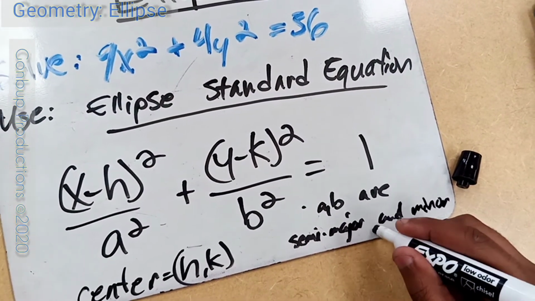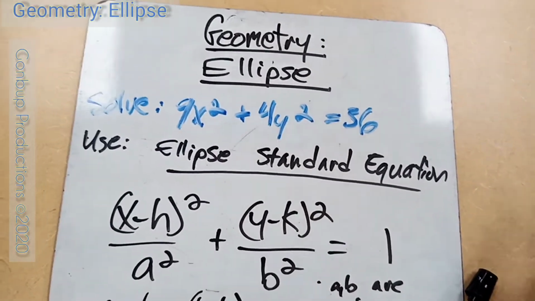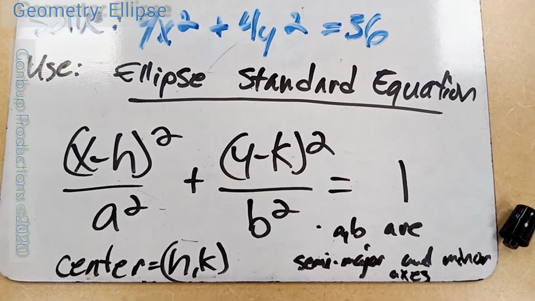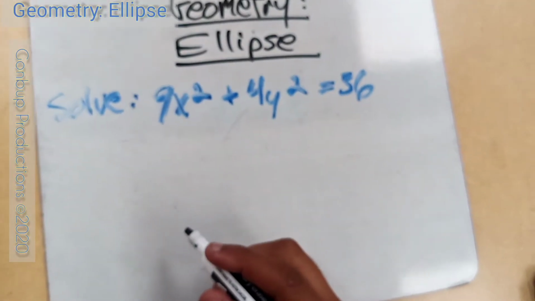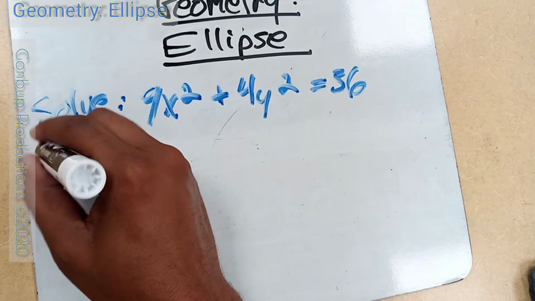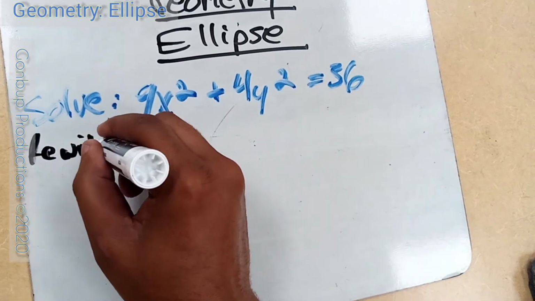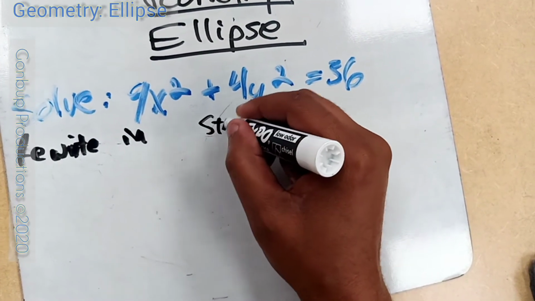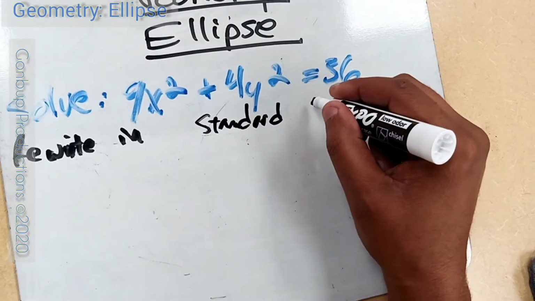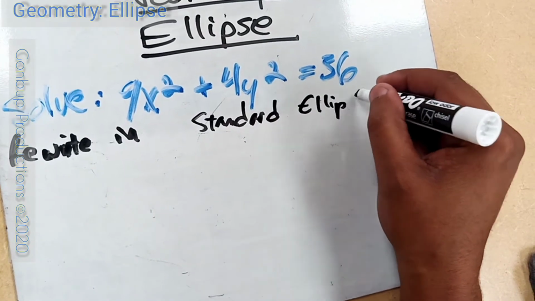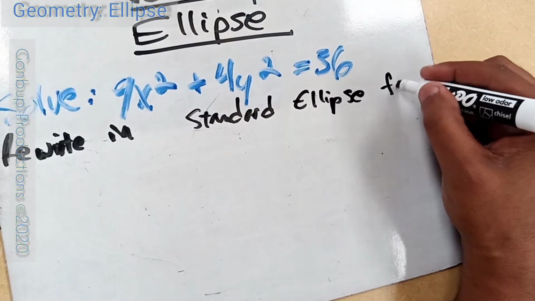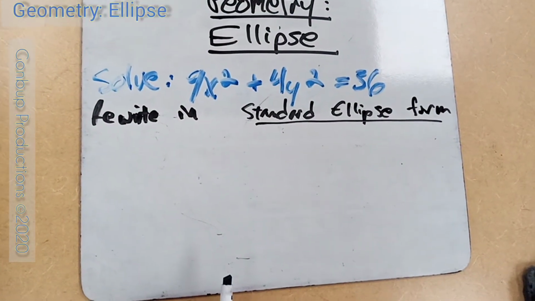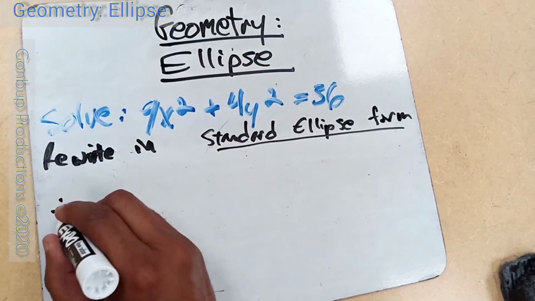So in order to rewrite 9x squared plus 4y squared equals 36 in the form of a standard ellipse equation, we're going to first have to divide by the coefficient of the square term, which is 9. So we're going to take that 9x squared and divide the whole thing out: 9x squared divided by 9, 4y squared divided by 9, and 36 divided by 9.